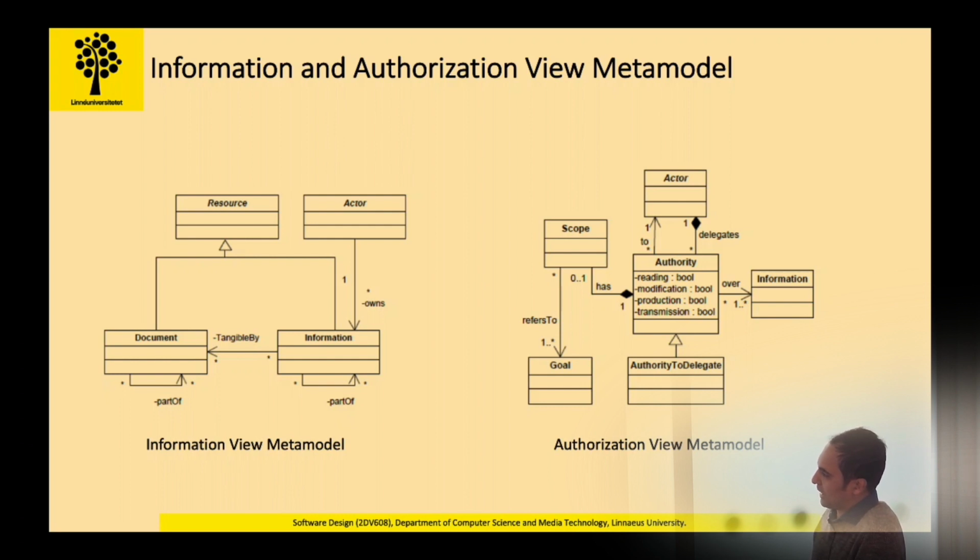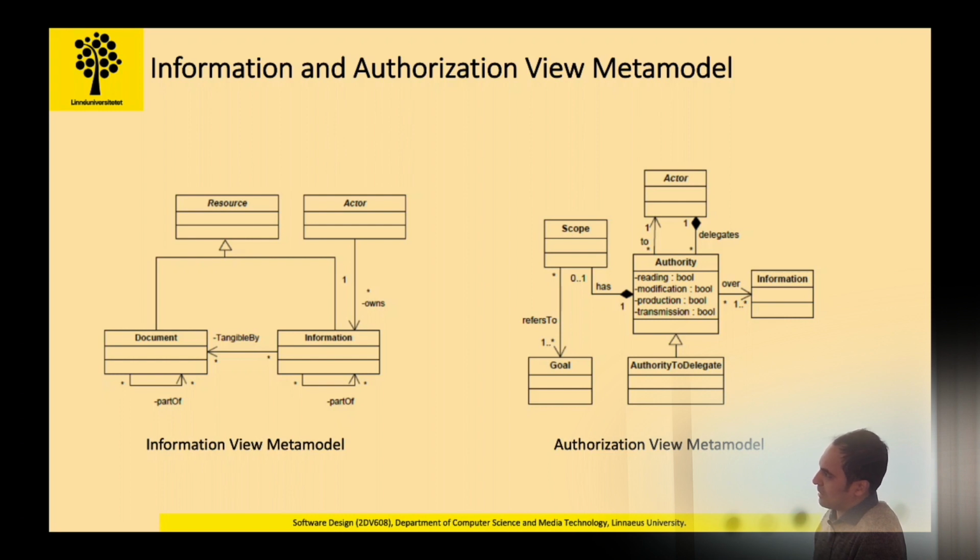Then in the authorization view, which is the third level view, the central component is the authority, and this authorization is provided over information. What we want to say is that, given an actor, is he authorized to perform some actions on some information or on some document.